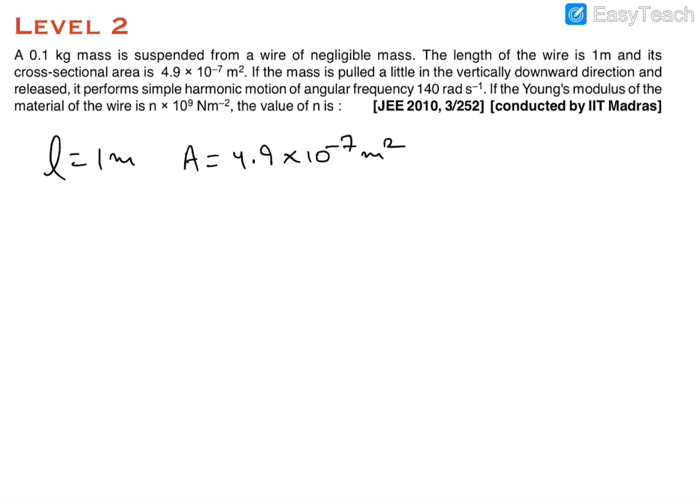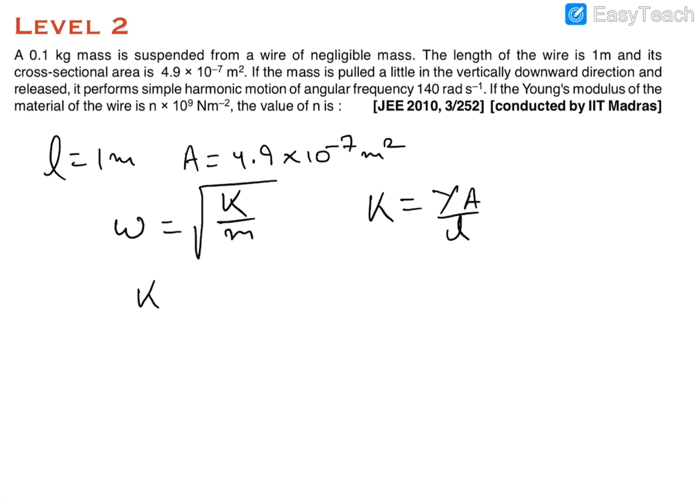Now we know that if we assume this wire as an analogous spring, then angular frequency of the spring is under root k by m. We know that. And the value of k is equal to gamma A by L. So first of all, let us find out the value of k.